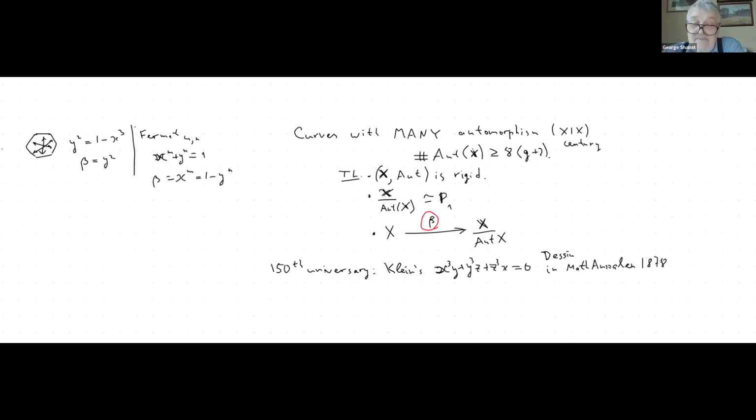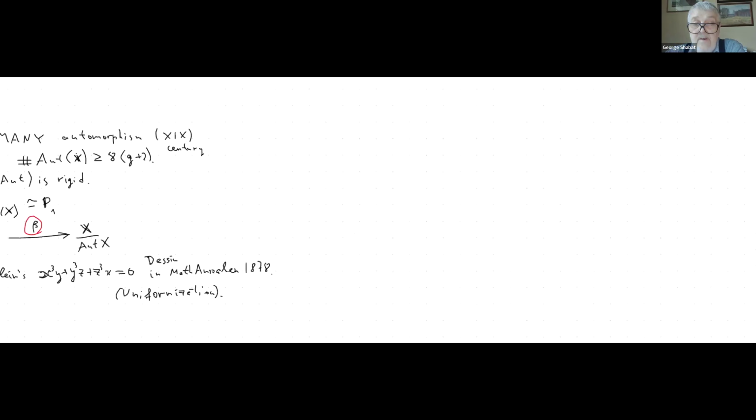And at the same time, it was the birth of the uniformization theory, because Klein has drawn it over the universal covering of it. And now perhaps the last example, again of a group with lots of automorphisms, the Bring curve.